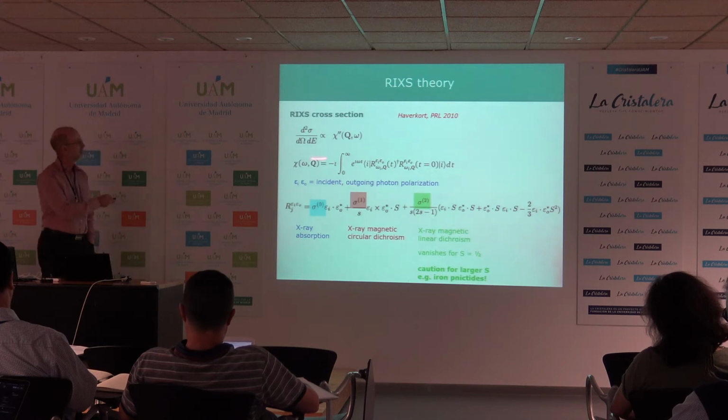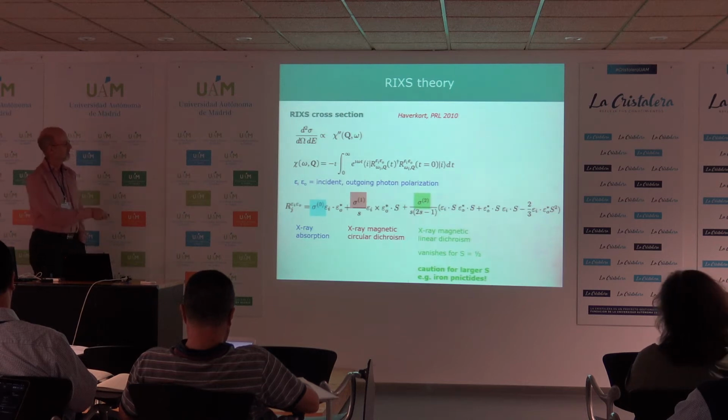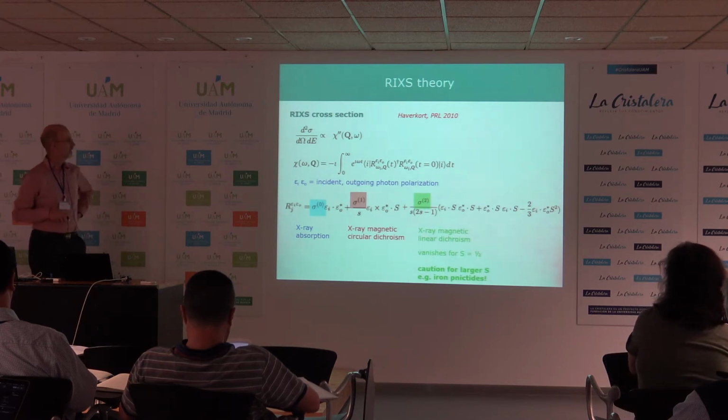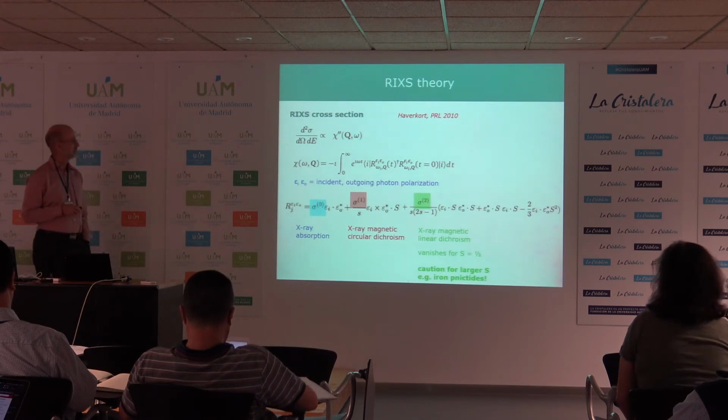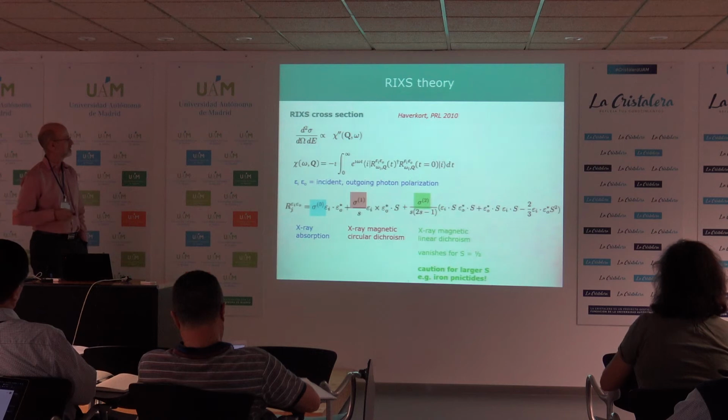You can actually write the cross section in terms of the dynamical susceptibility that you also see in neutron scattering, and then you can write for the RIXS operator an expansion that includes the X-ray polarization state in the initial state and the final state, and then you can get different terms depending on the relative orientation of the incident and scattered photon polarization. In general, for generic materials, this can be quite complicated depending on your crystal symmetry.